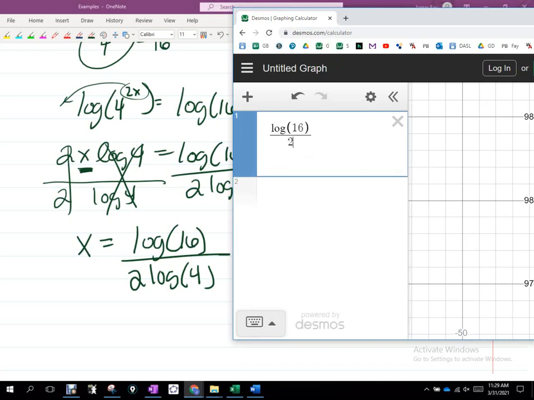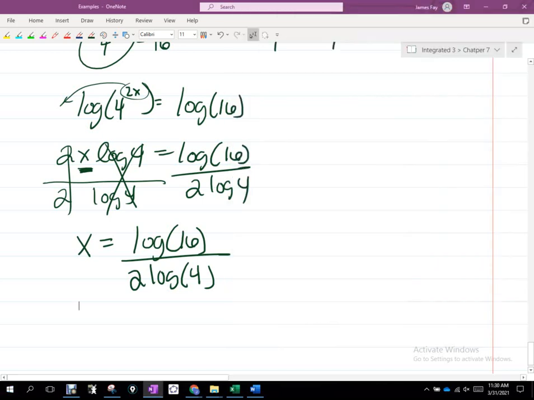So you type log 16 divided by 2 log 4. Is it 1? Okay. So what I'm trying to get at is, if you forget the base procedure, what we're doing right now will always work no matter what. Does that make sense? So it's a catch-all procedure, a safety net, if you will, to be able to solve exponential equations.